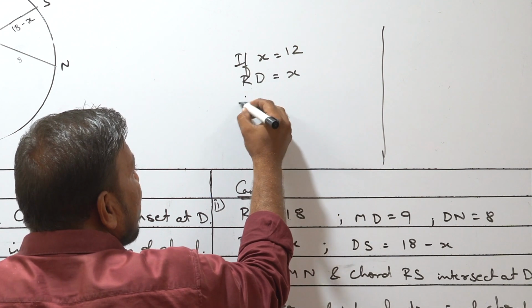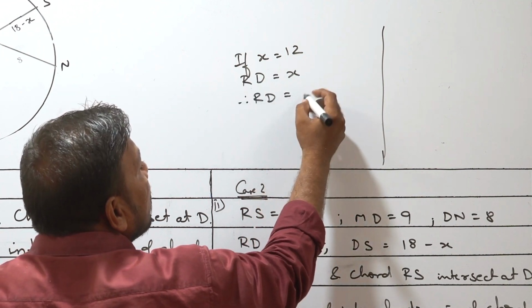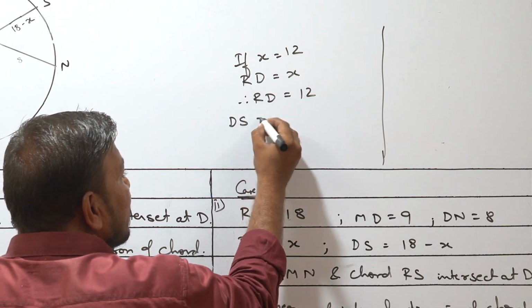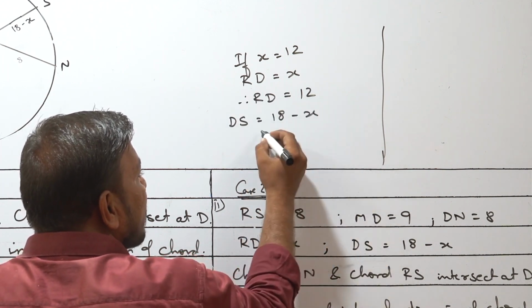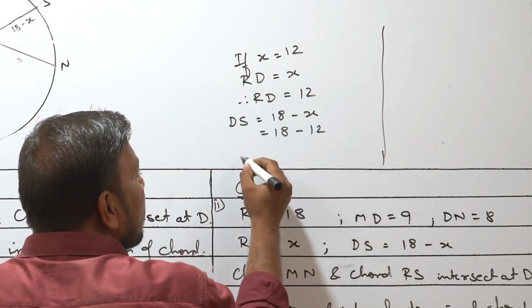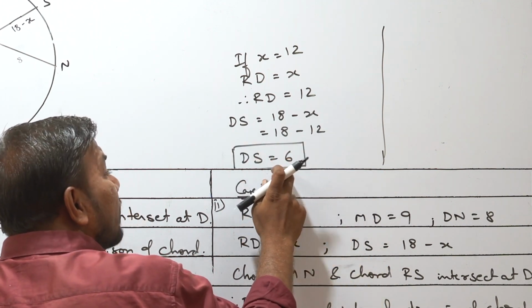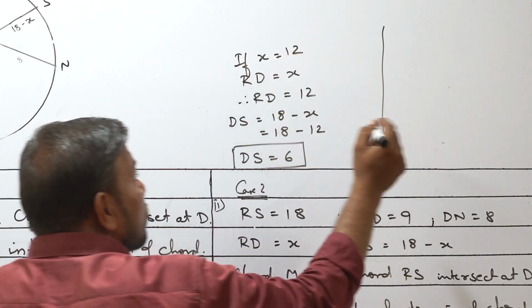RD is x, so therefore RD is 12. And what will be DS? DS is equals to 18 minus x, that is 18 minus 12, that means DS is equals to 6, when x is equals to 12.